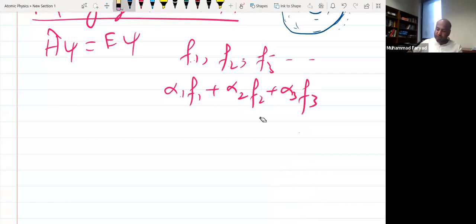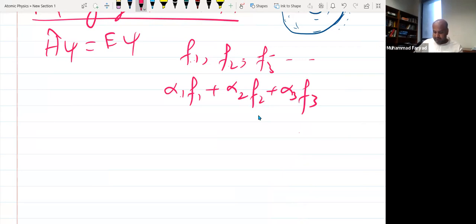And so that's why there is another construction of these wave functions other than the nlm construction, and let's talk about them as well.